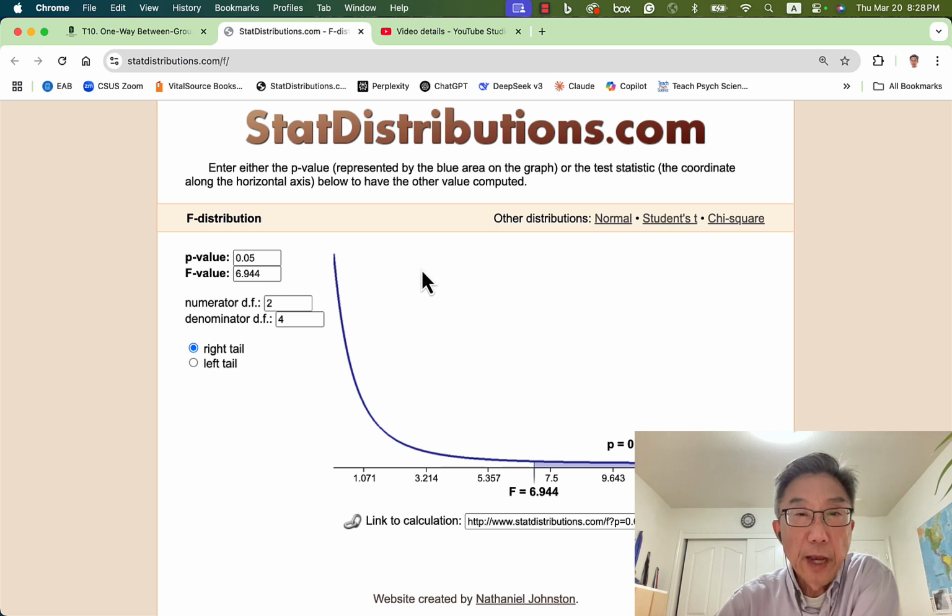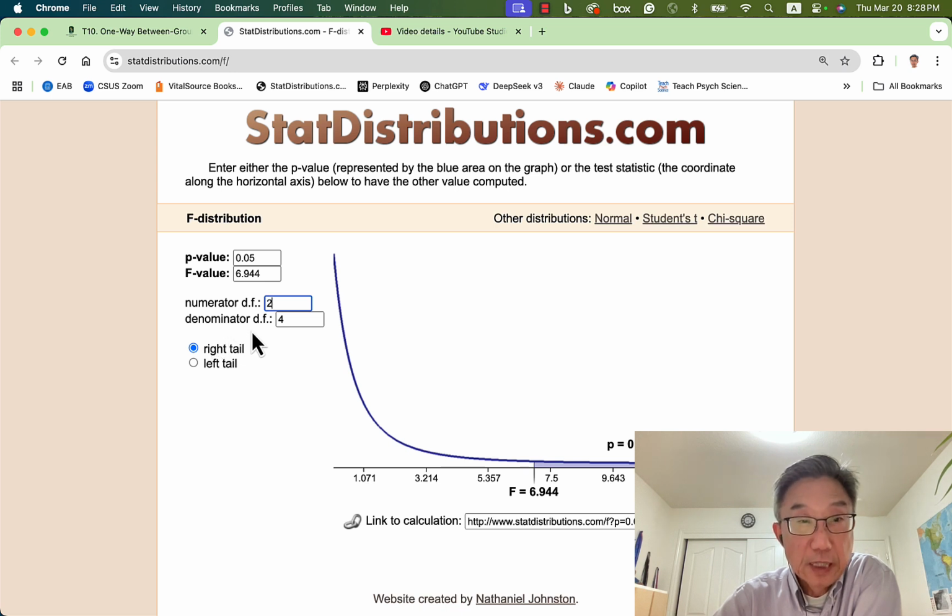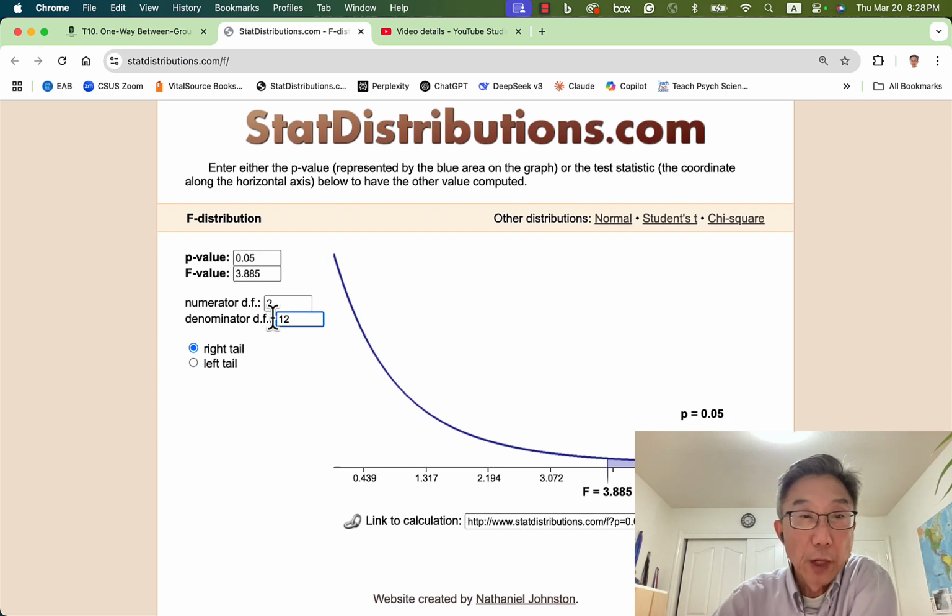They're talking about SSB, that's 2. For the denominator, because when you calculate the F statistic, it's variance between groups divided by variance within groups, the within group variance is the denominator. Sometimes we call that the error degree of freedom. So that's 12. So we have 2 and 12 degrees of freedom.